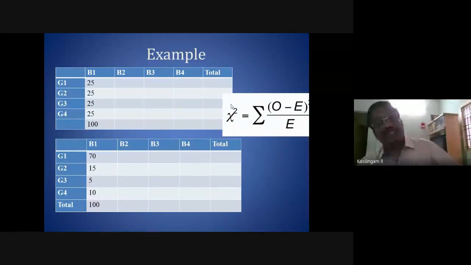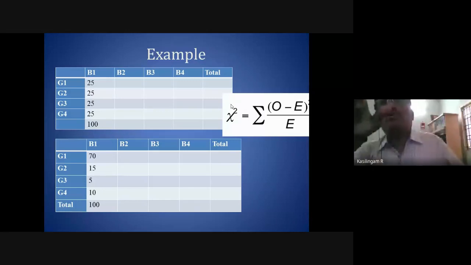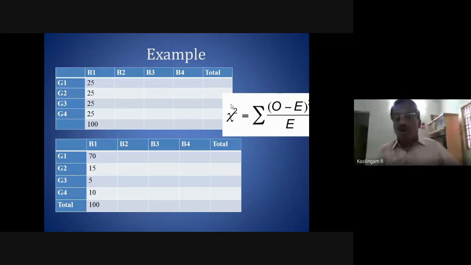If it is less than 0.05, I will say the null hypothesis is rejected, which means there is an association. I will get more than 26, more than 30, when O is greater than E.